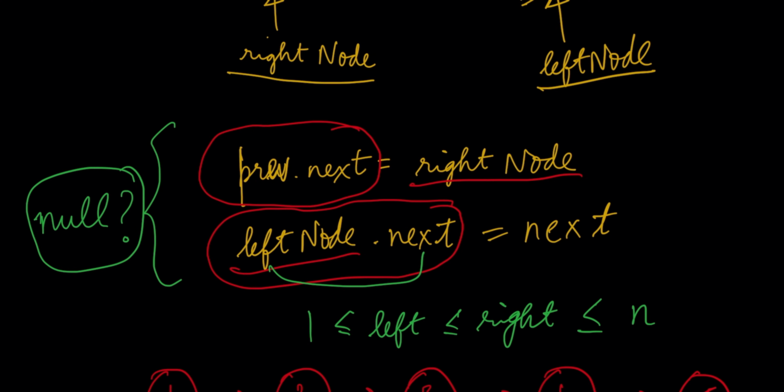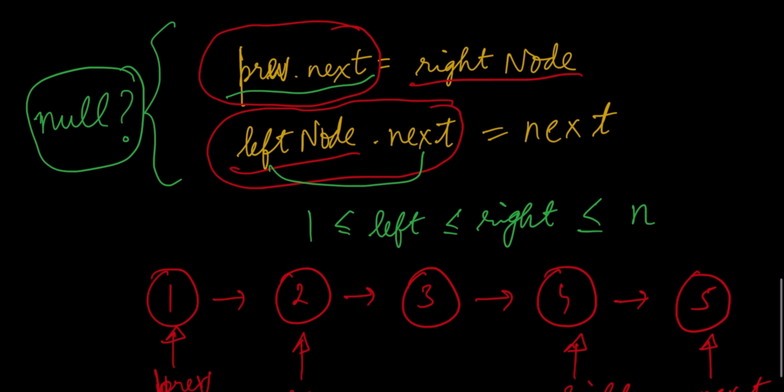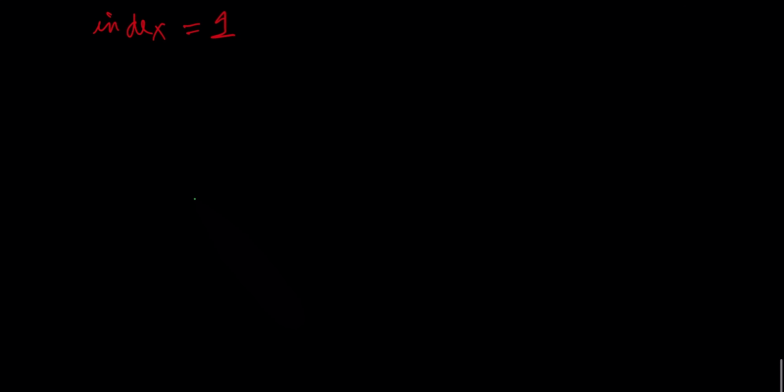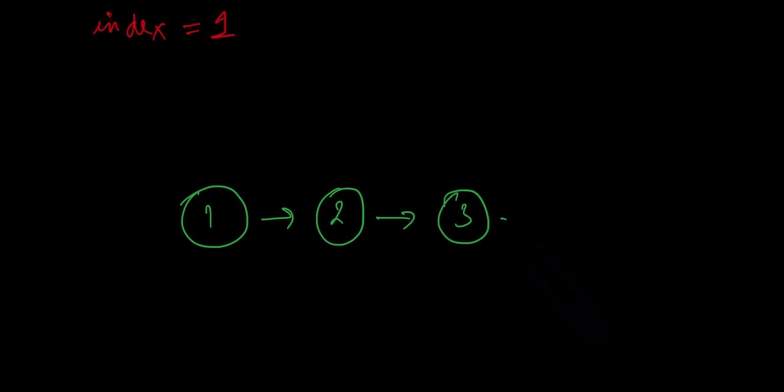With previous.next, I can surely get a null pointer exception, so we need to be careful here. Let's have a look at an example which can give a null pointer exception. I can draw the linked list 1, 2, 3, and 4 again. Let's say left is 1 and right is 3.